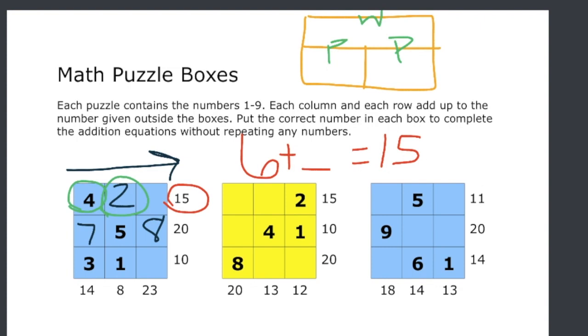So we know that 6 has to be our part and 15 has to be our whole. Now, if we have our whole and our part, that is equal to a subtraction equation. So we have 15 minus 6.